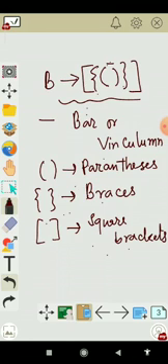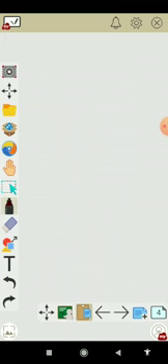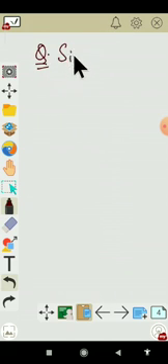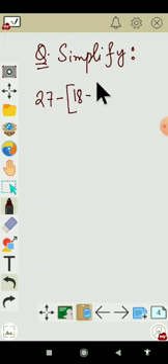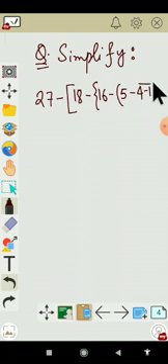Now we will check one simplification as an example where all the things are given. Suppose the question is to simplify 27 18 minus 16 5 minus 4 minus 1.